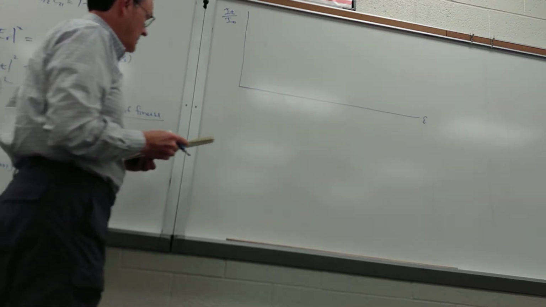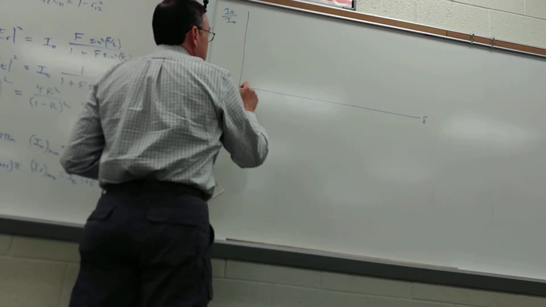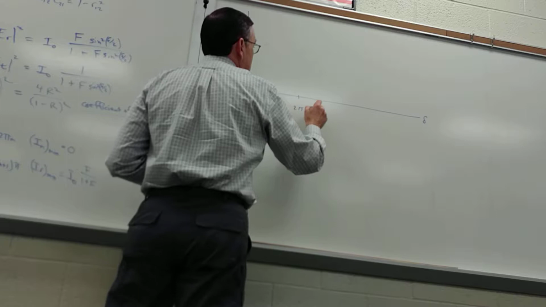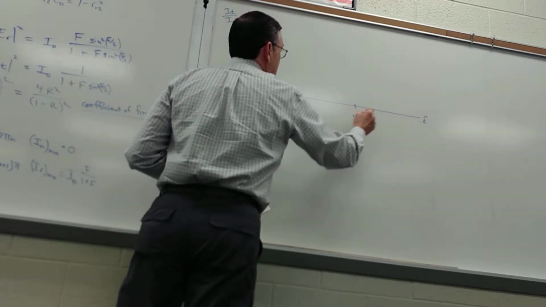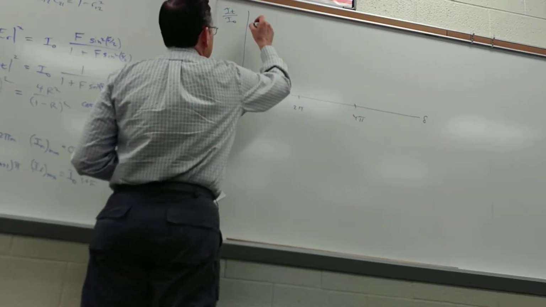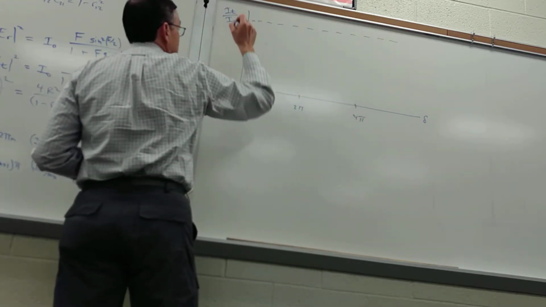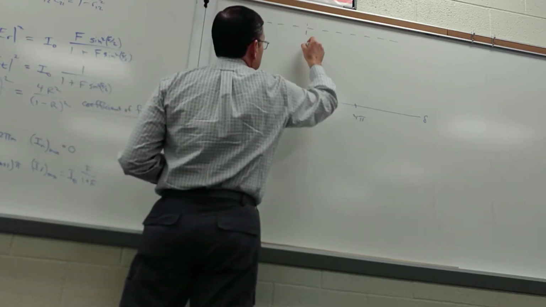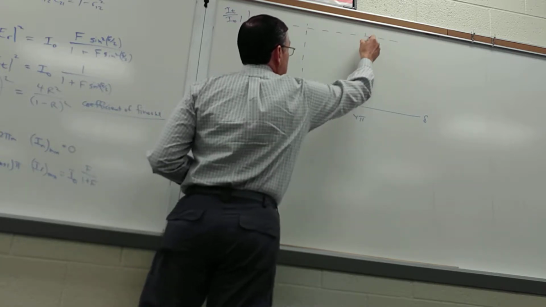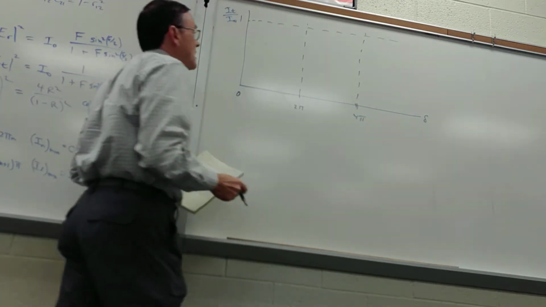If we go 0, 2 pi, 4 pi, and then let's say this is 1, and so we have some dashed lines here just to guide the drawing.